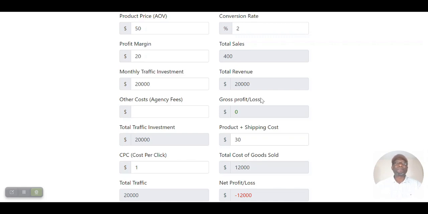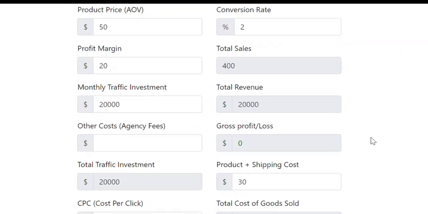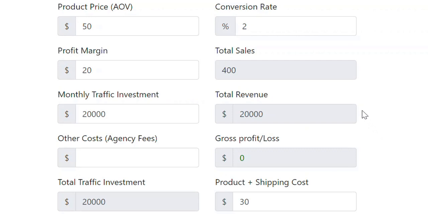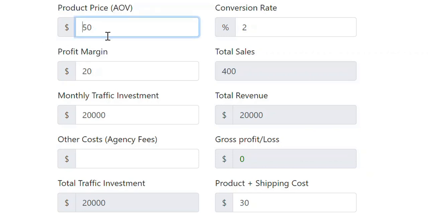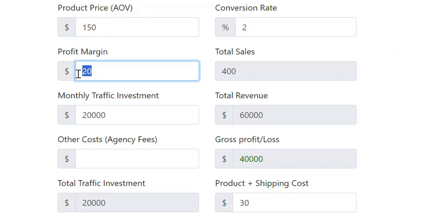Now, the first thing we would like to adjust for ABC Limited is their product price, their average order value. Now, the average order value here is $50. Let's say we're able to boost this to $150, and their profit margin here, they're making, let's say, $90, and it means they are spending $60 to fulfill the product, to buy from the manufacturer or the supplier.